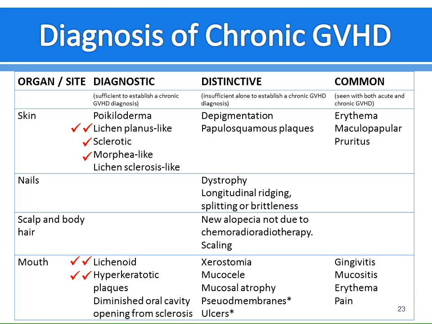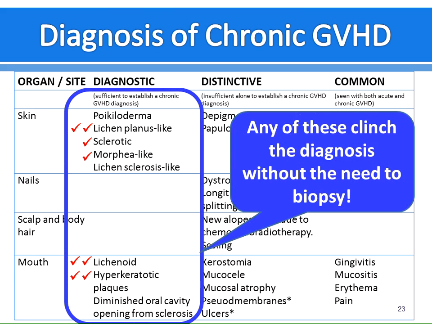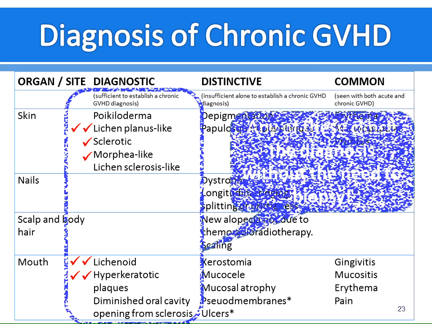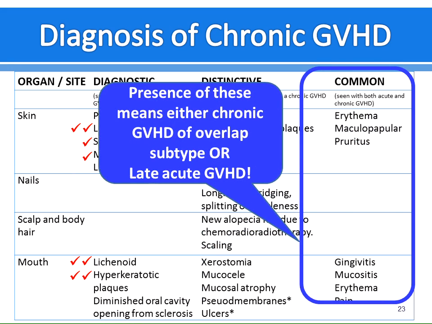So the diagnostic signs of chronic GVHD are shown here by the check marks, and I'll show you some pictures of those. Basically, if you see those signs, that clinches the diagnosis of chronic GVHD, and you can move right on without doing a biopsy. On the other hand, here are our acute manifestations, and so they're called common to both acute and chronic. So because you can see them in the overlap syndrome as well, they're not sufficient to make the diagnosis of chronic GVHD.